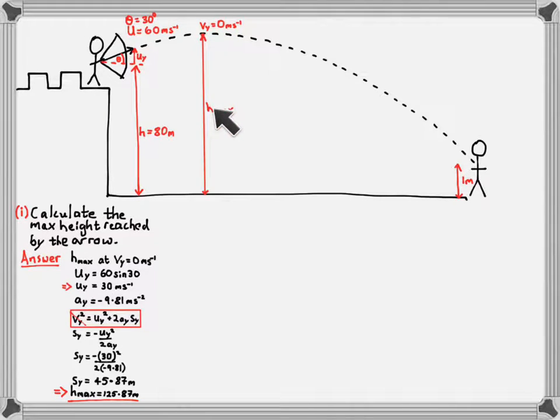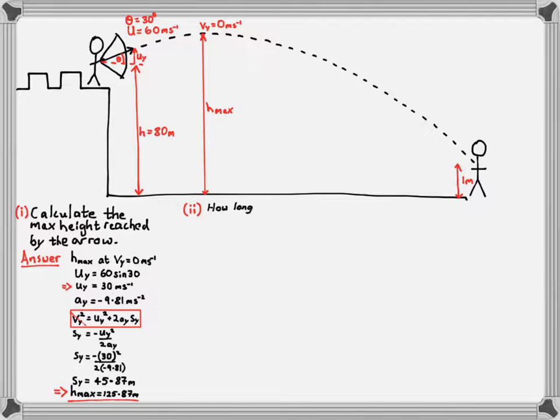But it was already 80 meters above the ground. So what's its vertical height above the ground, H max? It's going to be the vertical displacement plus the initial height, which is equal to 125.87 meters. Very easy to make a mistake here.